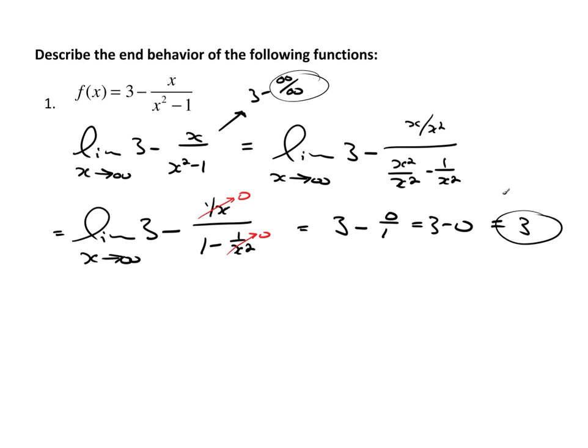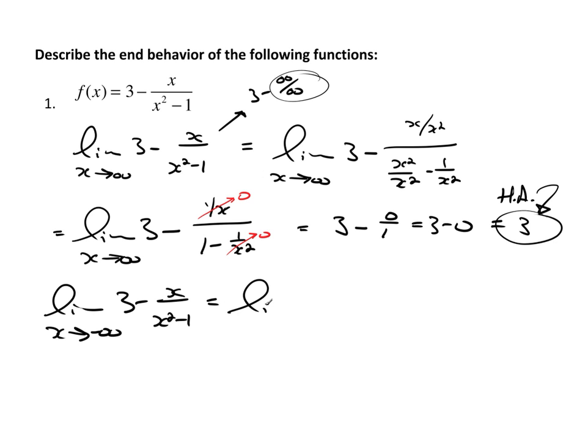This suggests that I have a horizontal asymptote at y equals 3. Now what happens if I go the other way? If I take a look at the limit as x goes to negative infinity of (3 minus x) over (x squared minus 1), what's going to happen here?